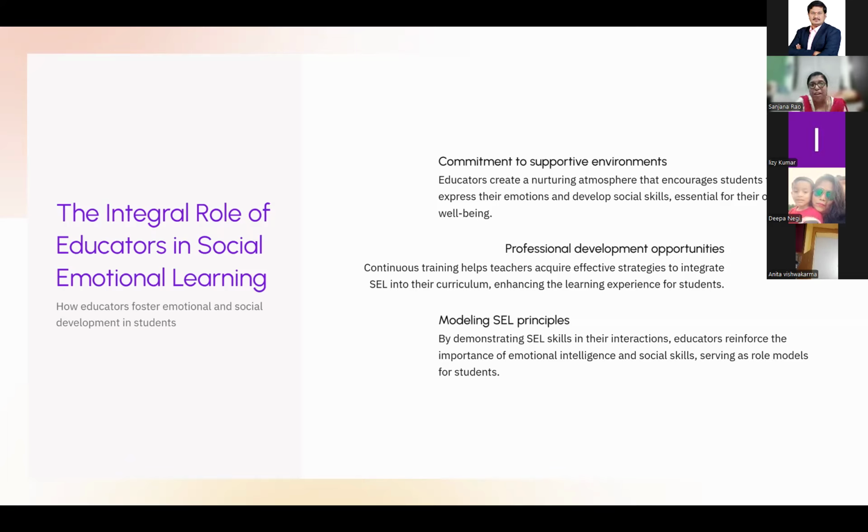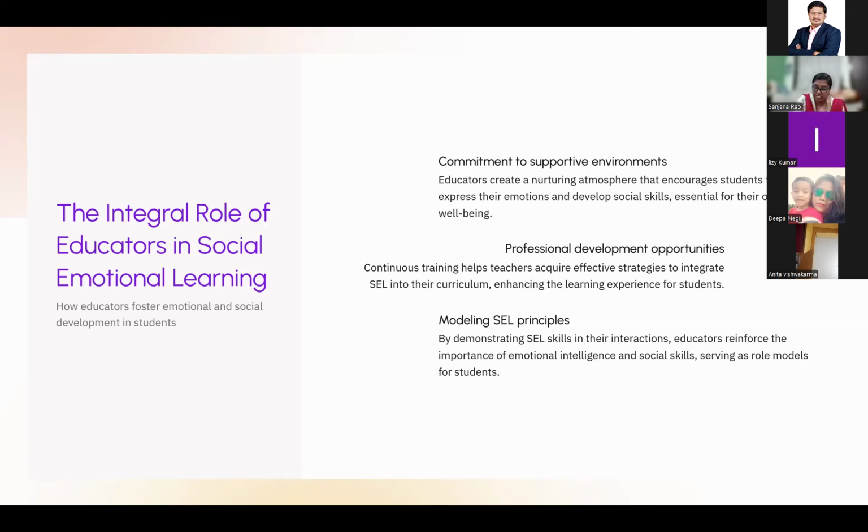So this is how educators will turn into their big supporting hand. Commitment to a supportive environment: once we get committed, definitely such results will come out with examples.